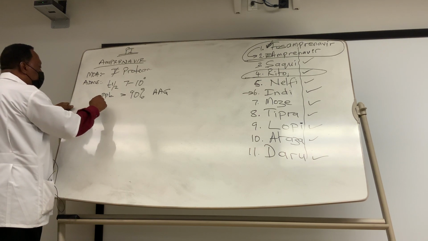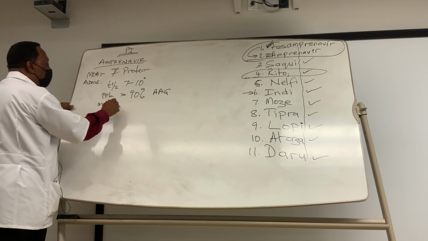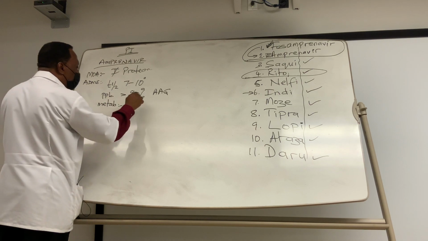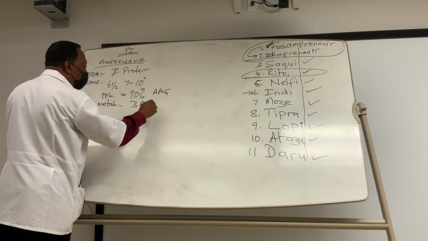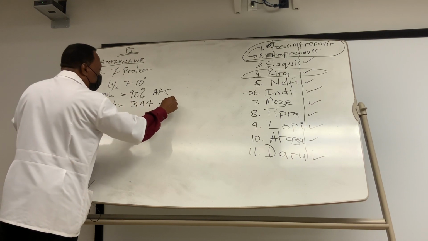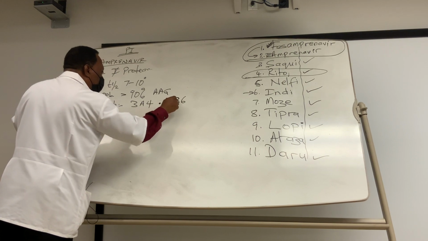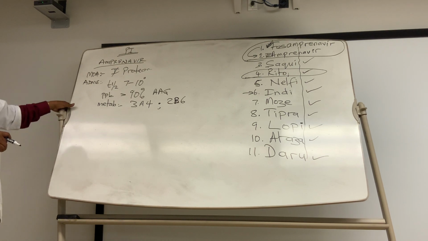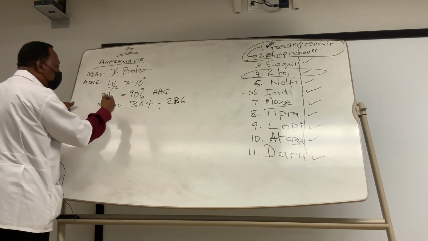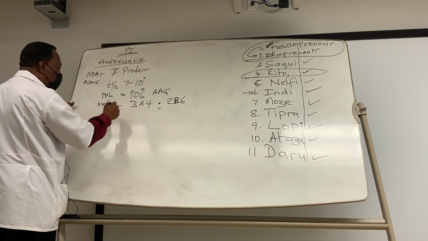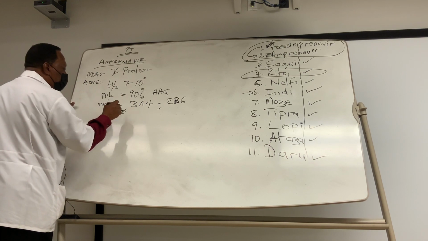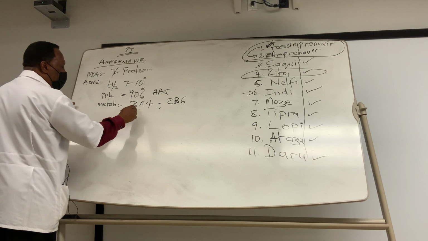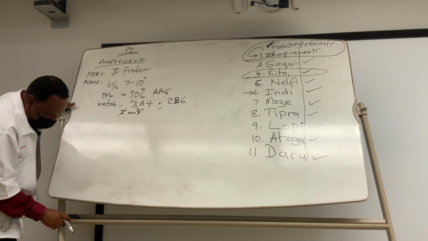In terms of the metabolism, it is biotransformed mainly by your 3A4, but to some extent by your 2B6. Okay. That's the biotransformation. Then it has, like we said, an inhibitory effect on 3A4.